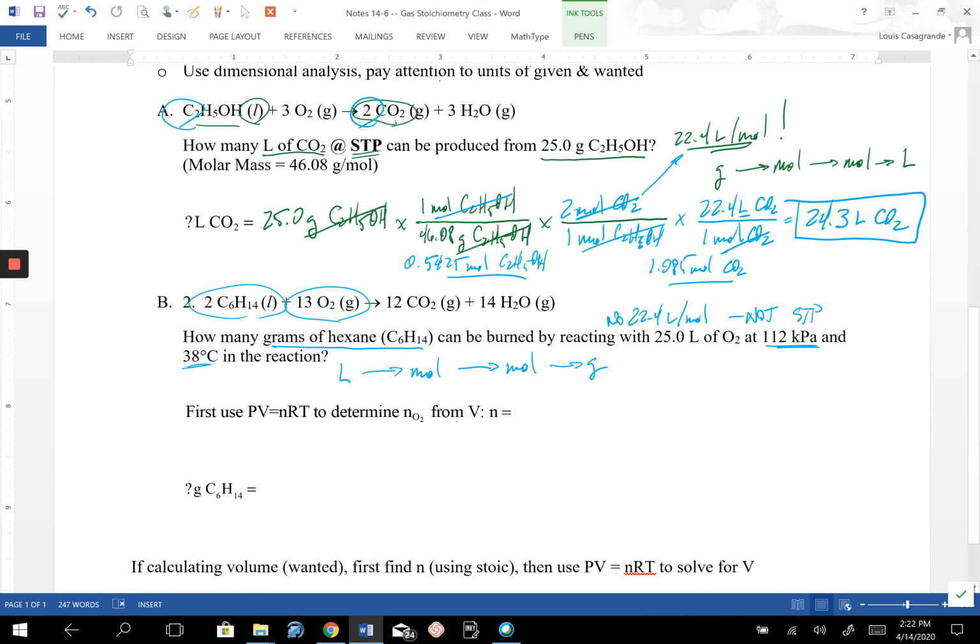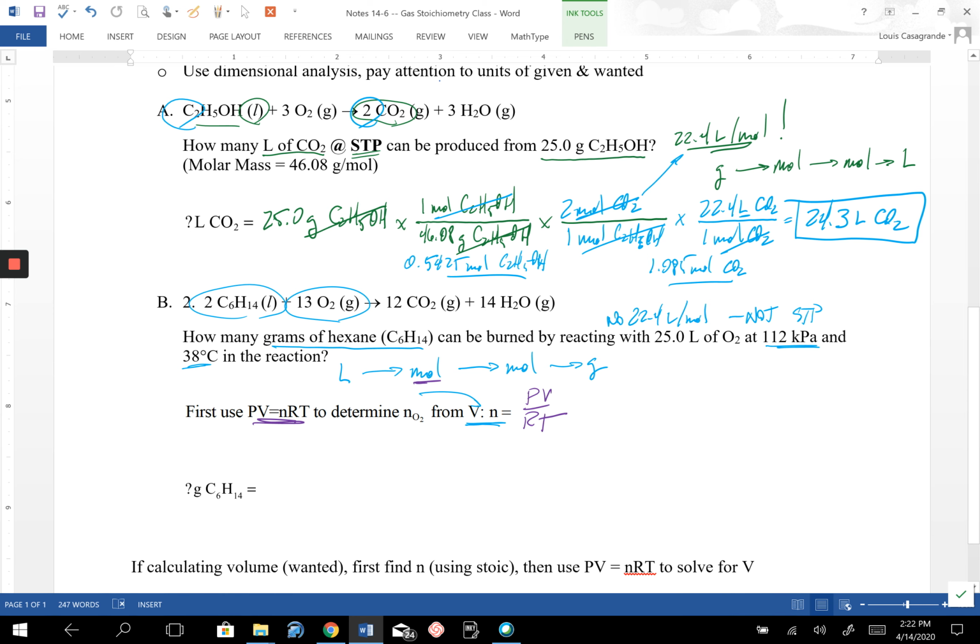So to go from liters to moles, I'm going to use my favorite equation, PV equals nRT, rearranged to find n, the number of moles, which is what I'm looking for: n is equal to PV over RT.